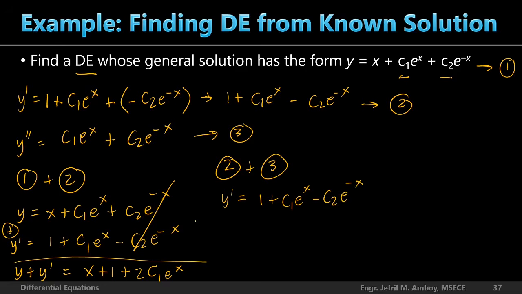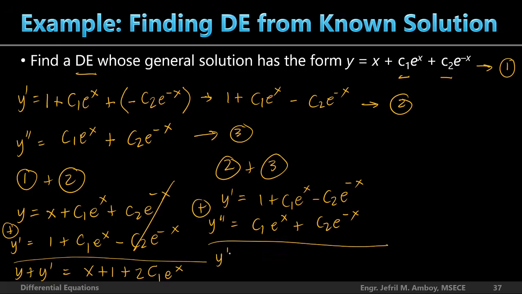And then for equation 3, we have y double prime equals c1 e raised to x plus c2 e raised to negative x. Okay, so now I will add these two equations. So we'll have y prime plus y double prime equals 1 plus 2c1 e to the x. And then, these terms will vanish. If we add them, they will become zero.